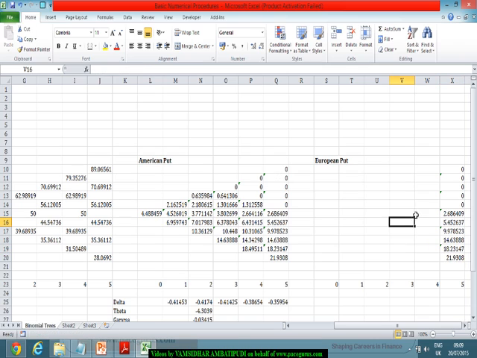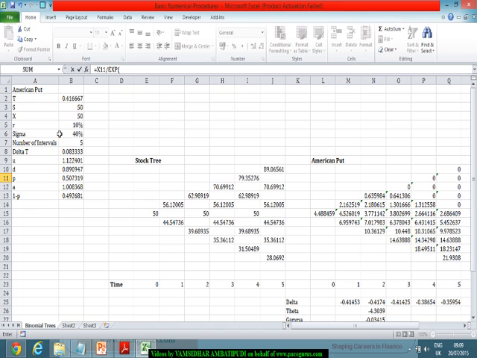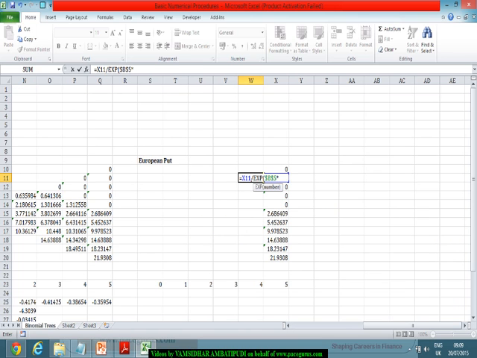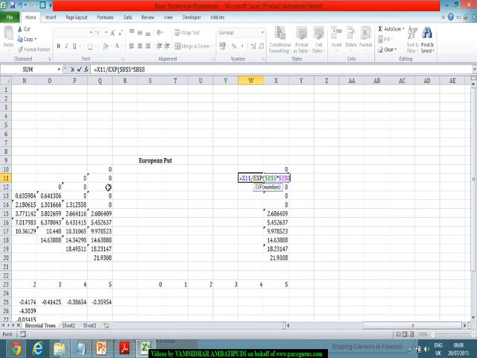Alright. Now all I require is to find the present values, which is nothing but this number divided by e to the power of RT, R and delta T. So I got the present values here.